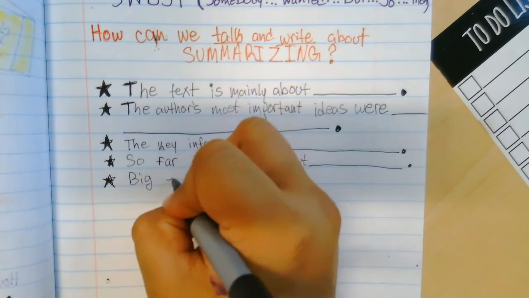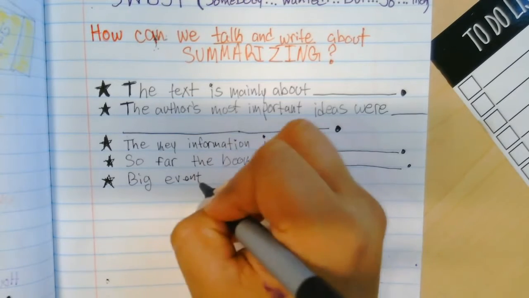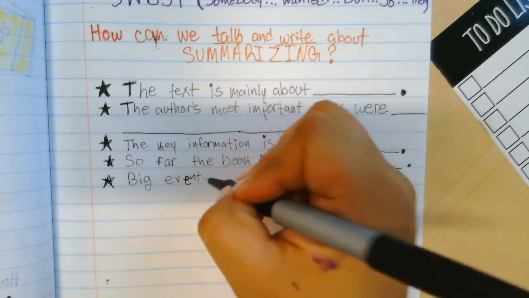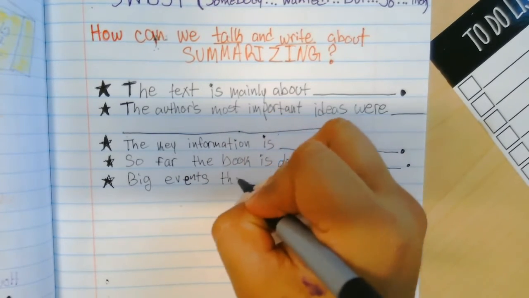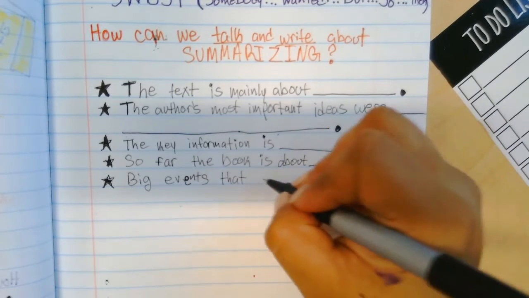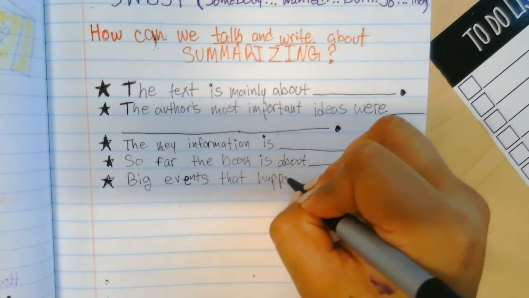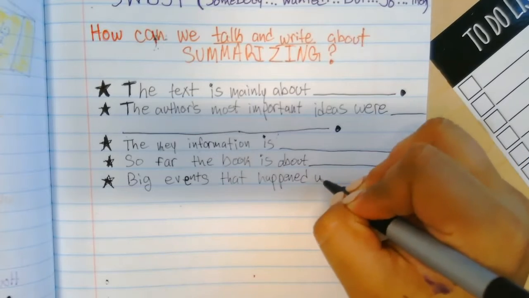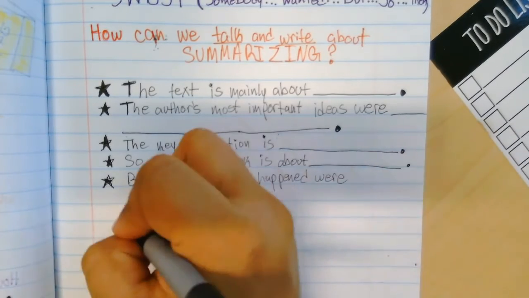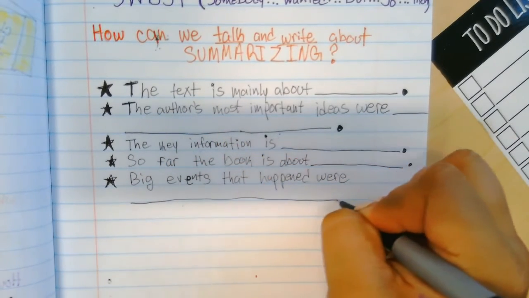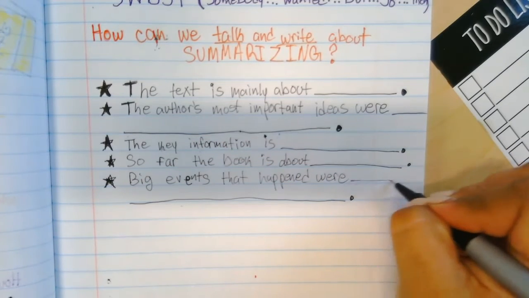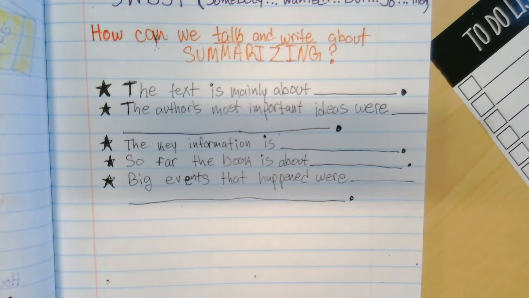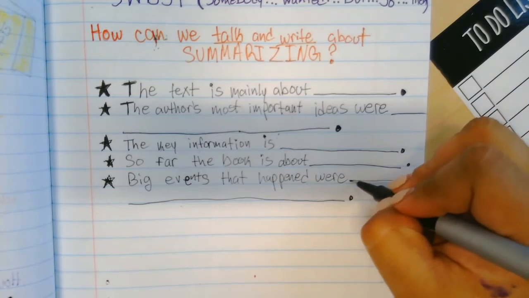Big events that happened were, and then a line. Okay? Big events that happened were, and then a line.